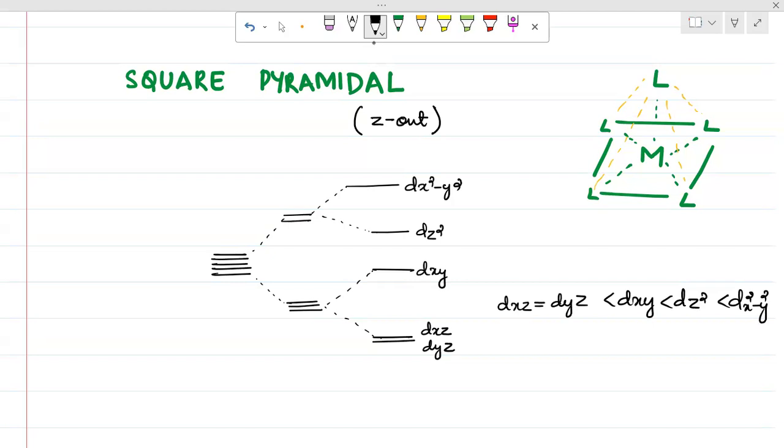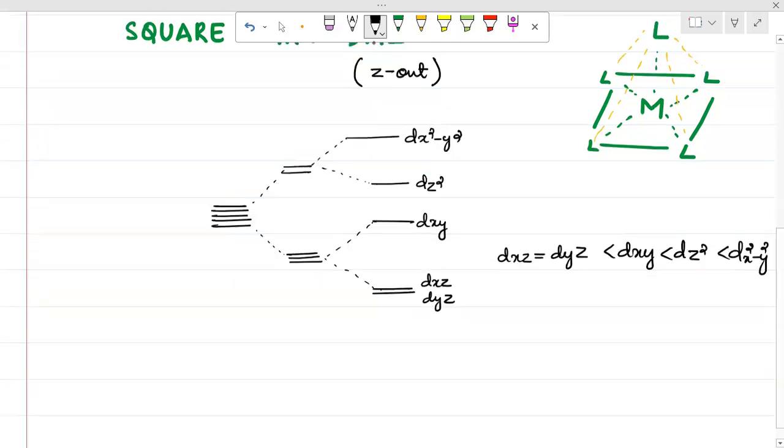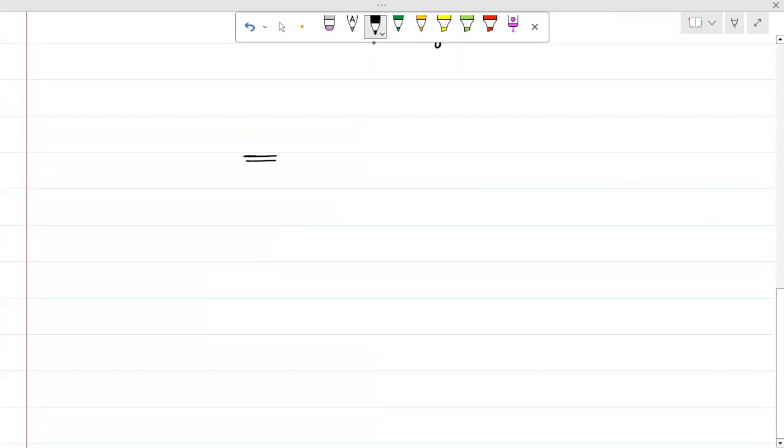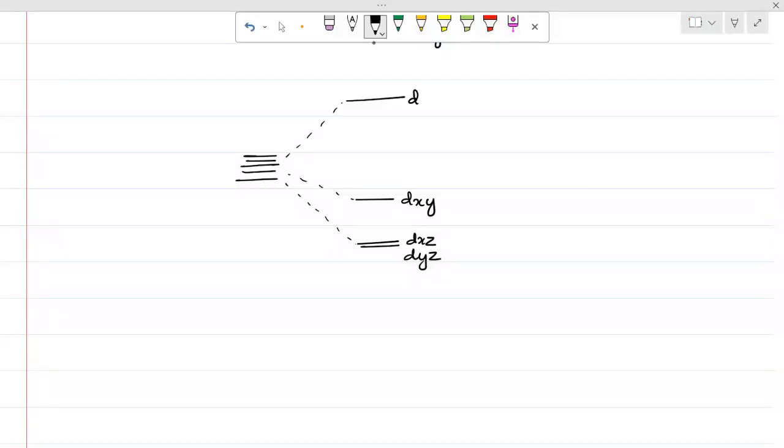Now I have shown this with respect to z-out. Actually, the way it looks in the references is no difference, I'm just saying. It looks like dxz, dyz, then dxy, dz squared, and dx squared minus y squared.